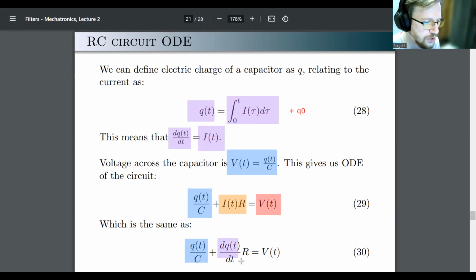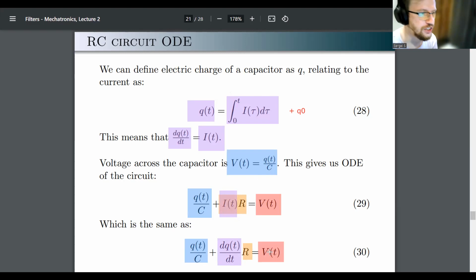So let's do that here. Instead of current, we have a derivative of charge, and we have this new equation now with just Q as a variable. And the voltage remains the same.